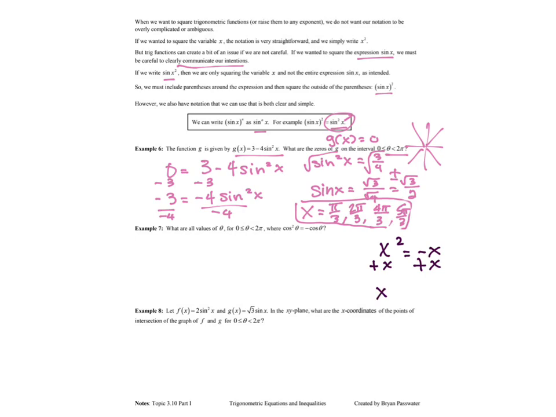And I would have x squared plus x equals 0. And I would factor out an x, and I would be left with x times x plus 1, and I would solve both, right? I would have x equals 0 and x equals negative 1. We have to treat the trig the same way.